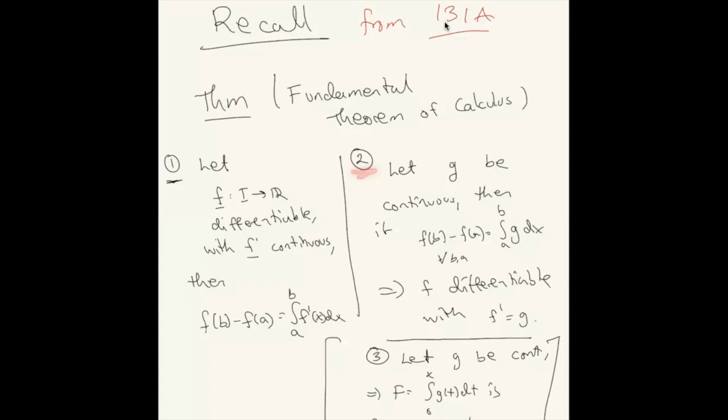But the other way is you start from the derivative and you go to the function. One way of stating this in an equivalent form is that if you have a continuous function g, and you know that this formula is true, so the change in the function is equal to the integral of g, for all points b and a in the domain of the function, where f is always a function on I, and g also should be a function on I, then the function f is differentiable and its derivative is g.